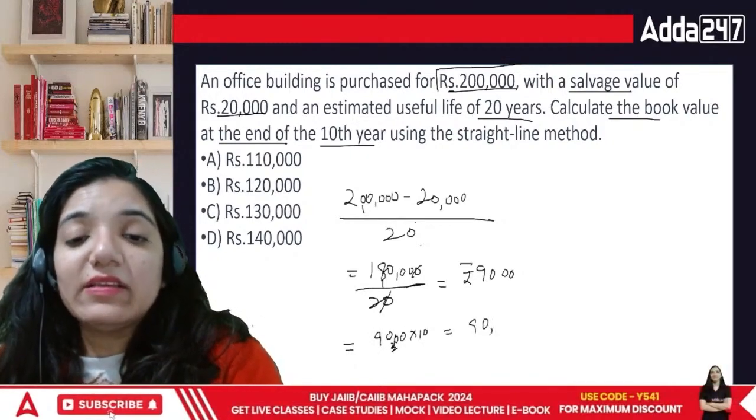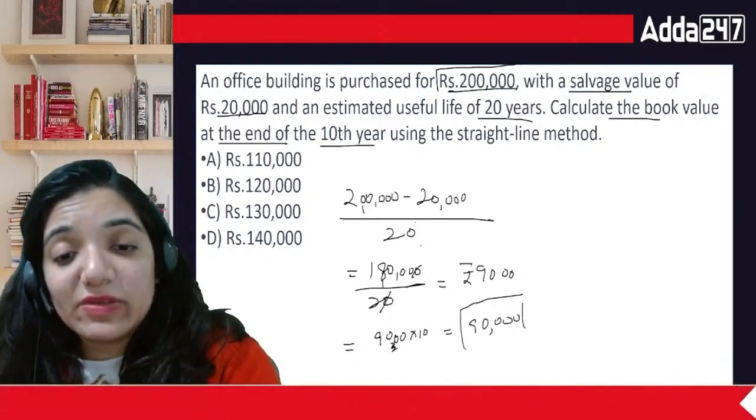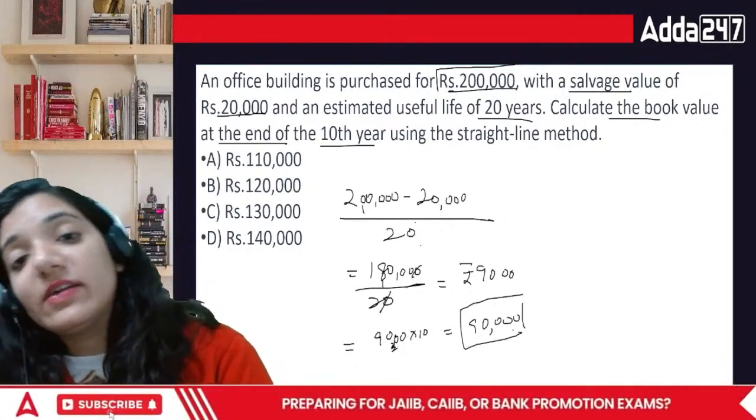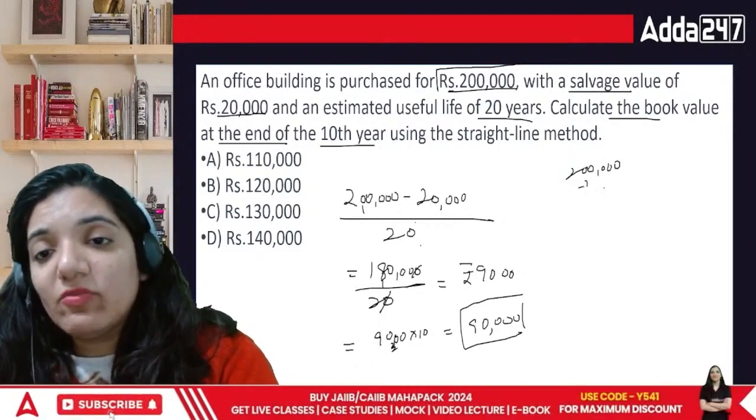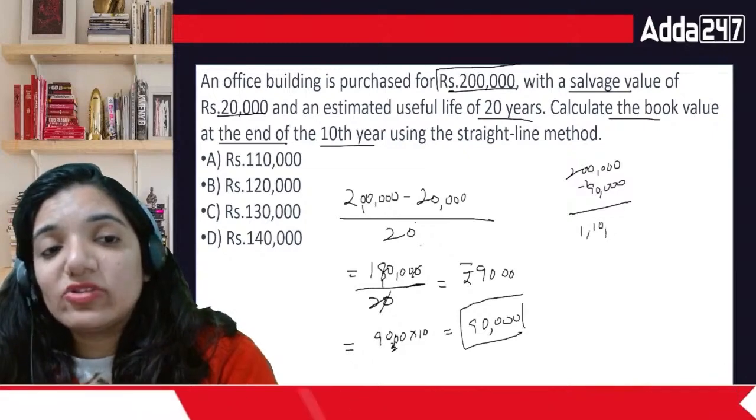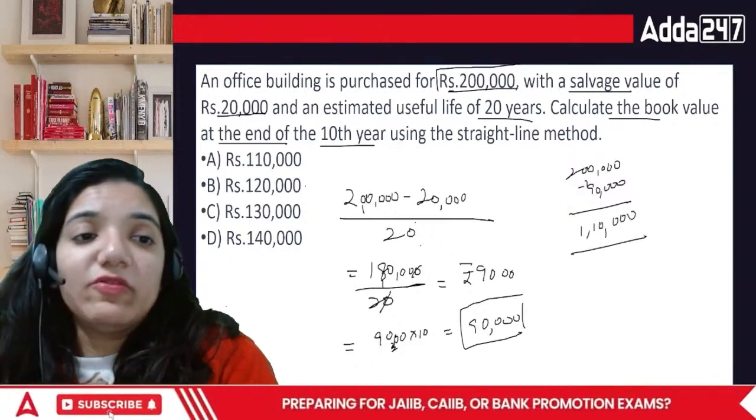That means 90,000 is the depreciation that has been charged till the end of the 10th year. So out of 2 lakh rupees, you remove 90,000, and what you're left with is 1 lakh 10,000, which is the book value of your machinery.